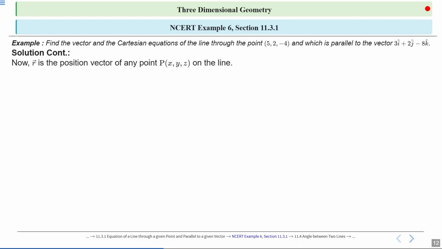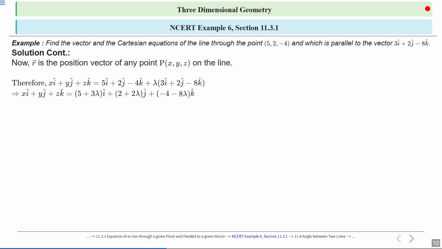Now let's define vector r as the position vector of any point P with coordinates x, y, z that lies on the line. Therefore xi cap plus yj cap plus zk cap equals 5i cap plus 2j cap minus 4k cap plus lambda times (3i cap plus 2j cap minus 8k cap).